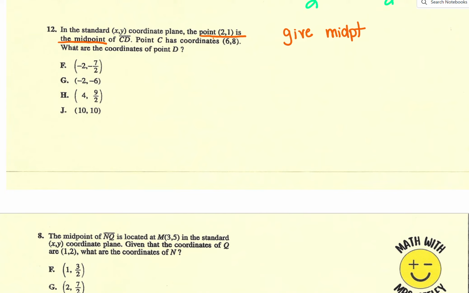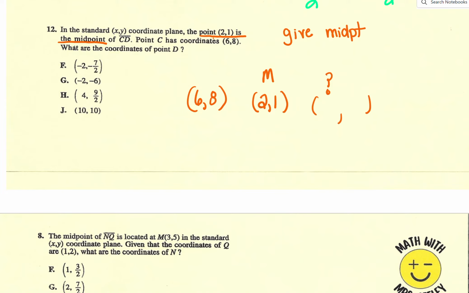To me, the easiest way to do this is to visually draw it out. It tells me that the midpoint, which I'll call M, is (2, 1). Then it tells me that one of the other endpoints is (6, 8). And the question says, okay, what's the other point?